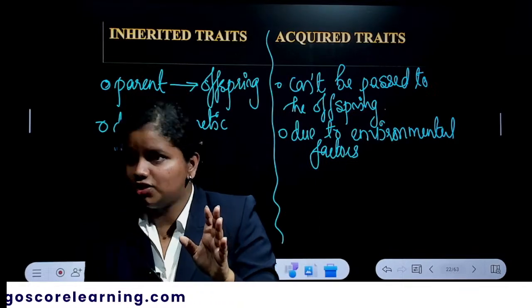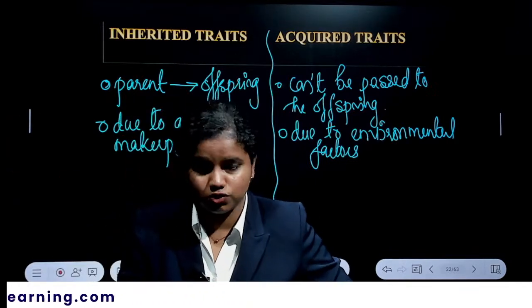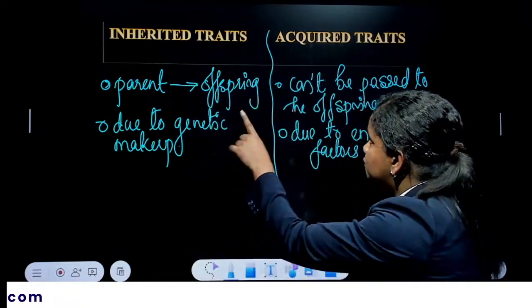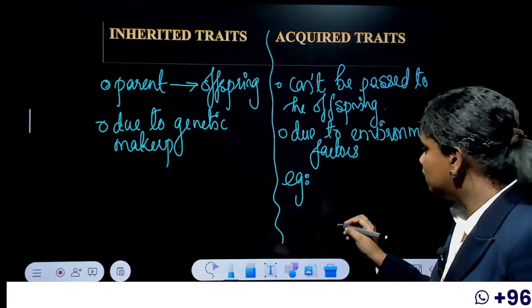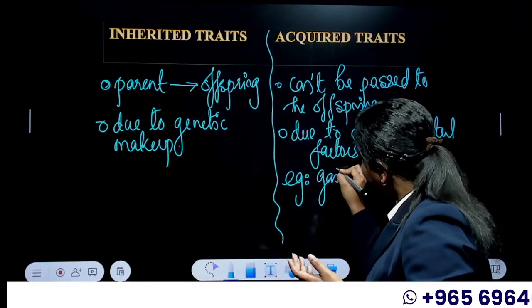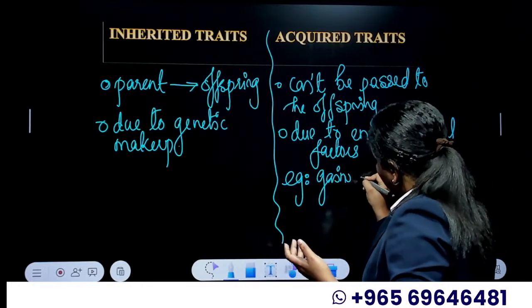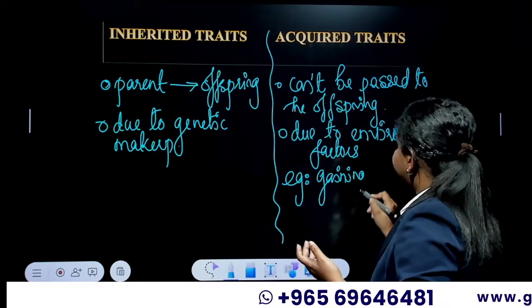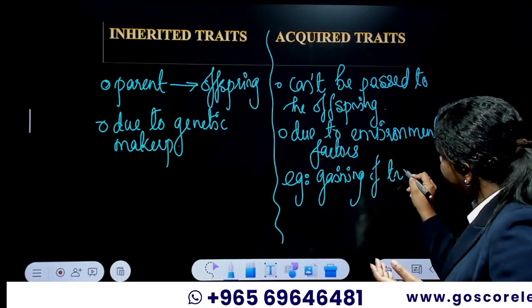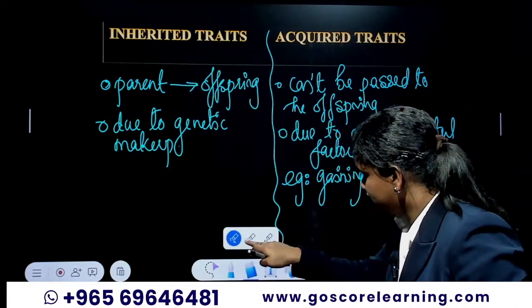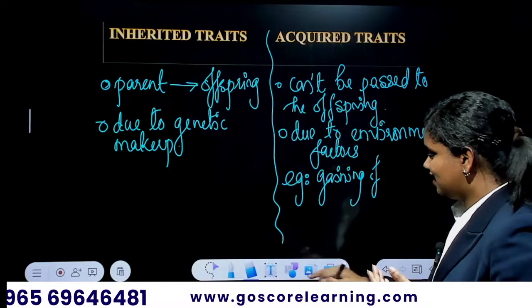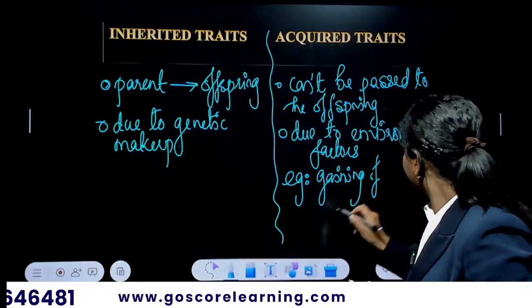It's nothing that you get from your parent or give to your offspring. So examples for acquired traits are some skills, gaining of weight. Sorry, gaining of weight, not trait.